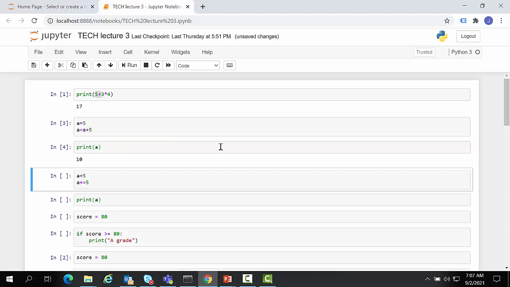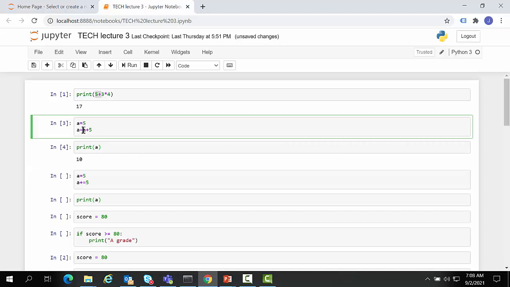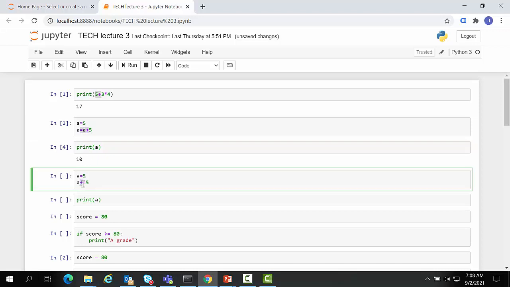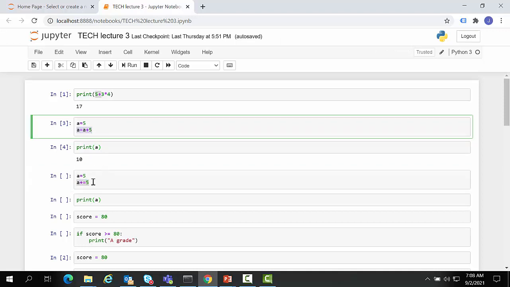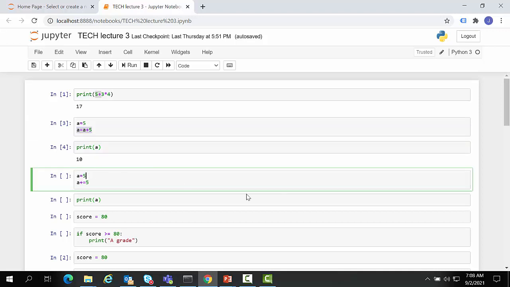So let's run this, and here we have verified that a equals 10. We are simply replacing the a in the middle with this plus equals. So this line and this line are essentially doing the same thing, and they mean the same to the Python compiler.